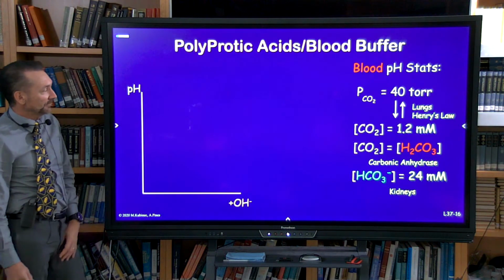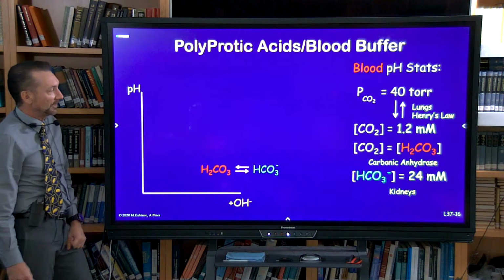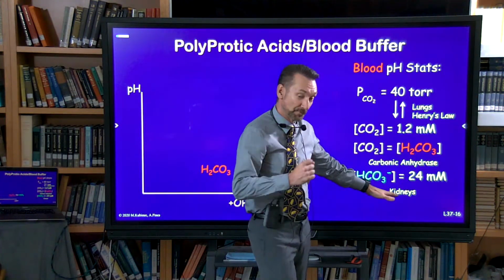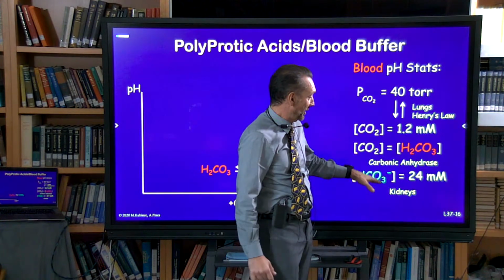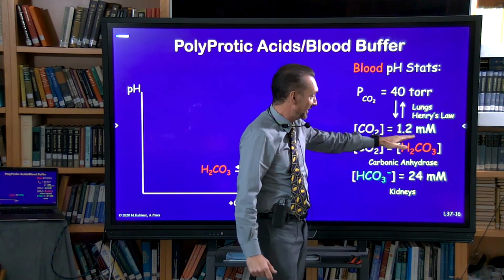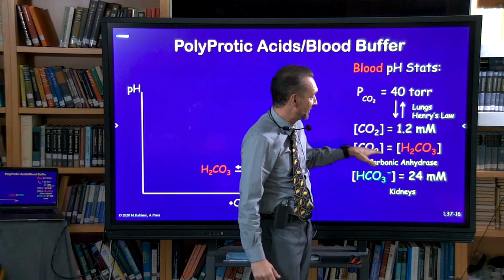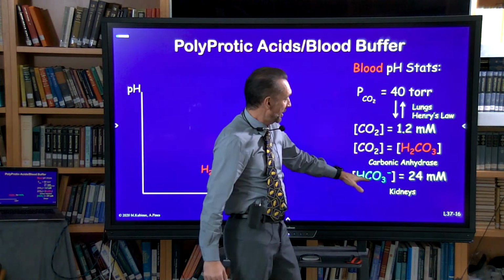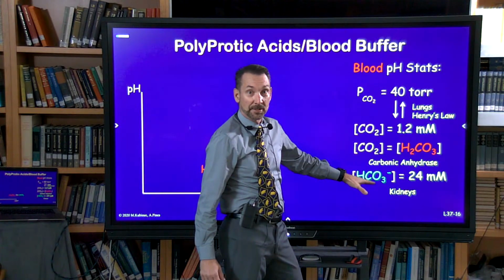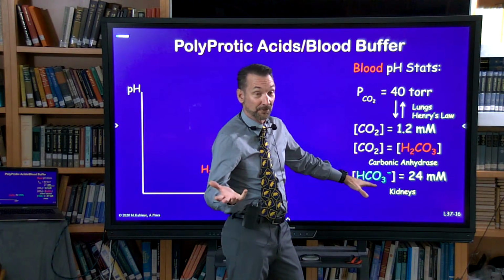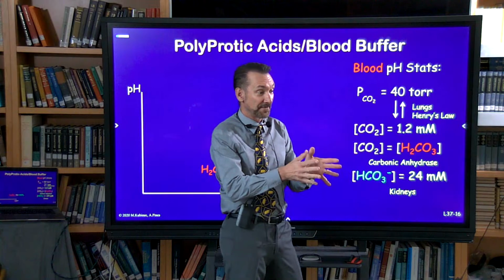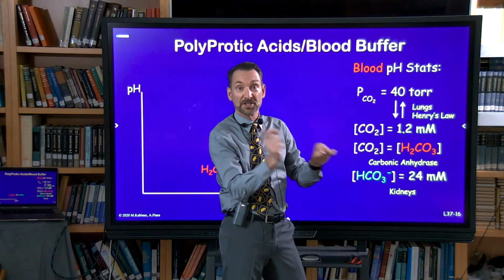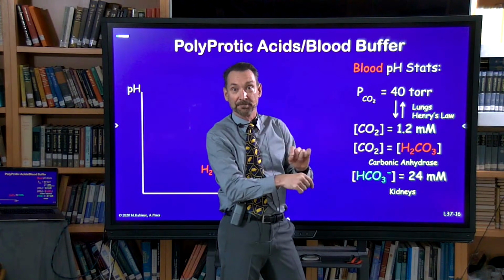So what does that mean about your blood and your kidneys? Your kidneys come into it too, because kidneys get rid of stuff. So if this gets out of balance, so this concentration gets too high or too low, your kidneys can open up. Kidneys are one of the most amazing organs you have. They have these selectively permeable membranes, and they can choose which compounds leave your bloodstream.